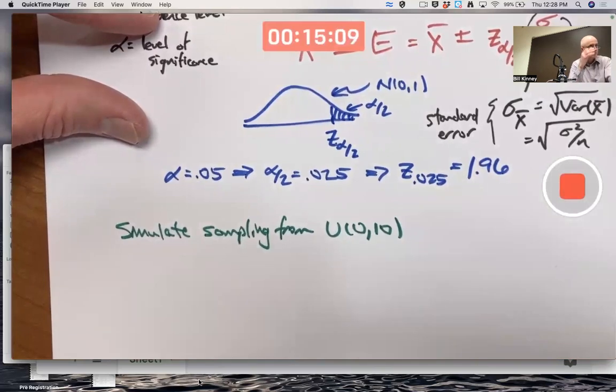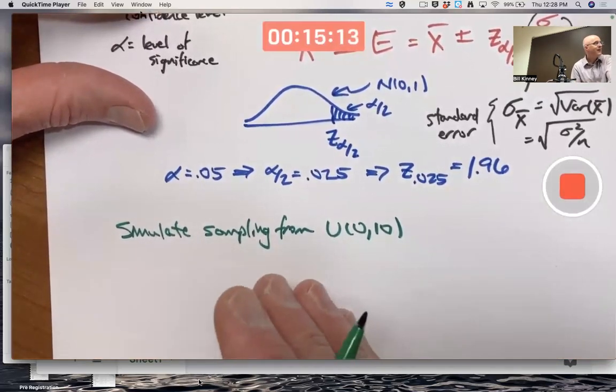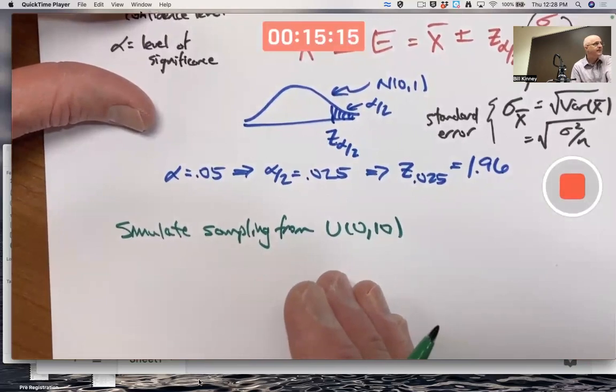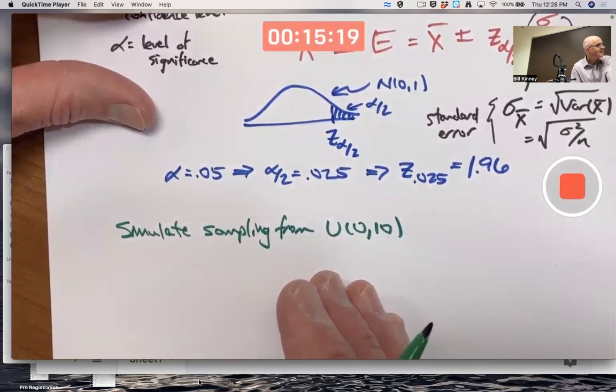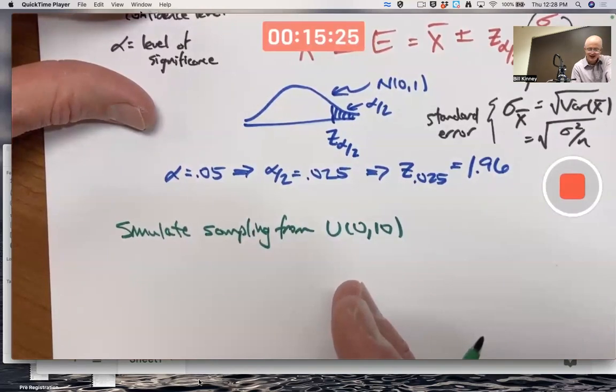We'll use a spreadsheet to keep it simple. If we assume the spreadsheet's random number generator is good, then we're essentially pretending we know the exact mean and the exact standard deviation.